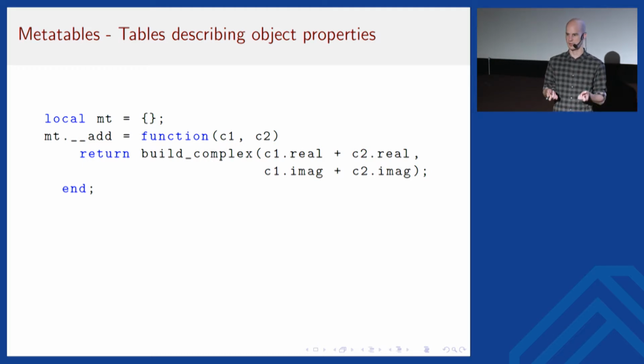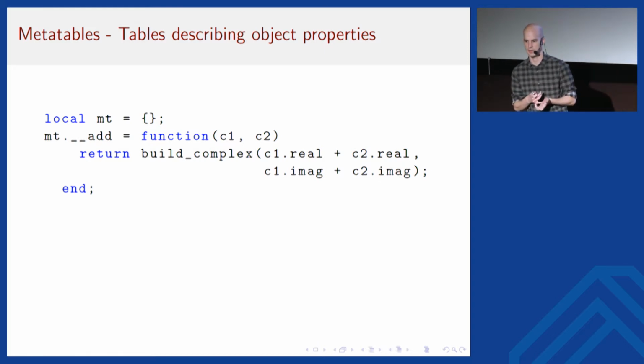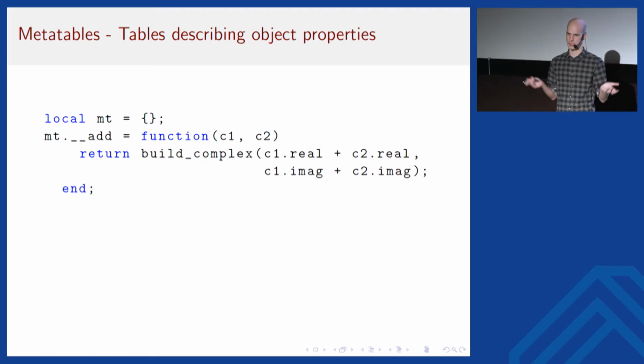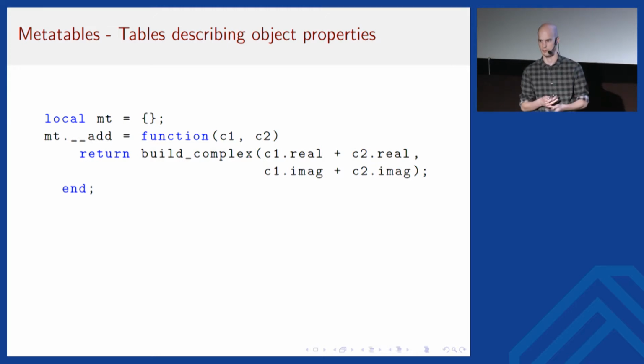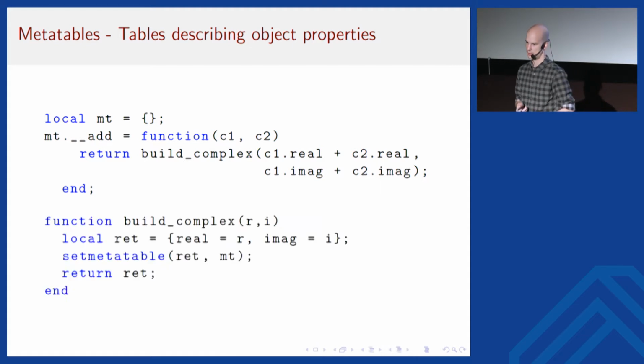And metatables basically means I provide a table that describes how my value behaves in certain contexts. So with these metatables, you can create certain special fields on them, like __add is one of them. And then in this case, we just provide a function that basically performs the complex addition for us and returns the result as a new complex number.